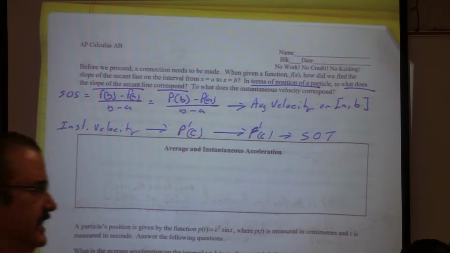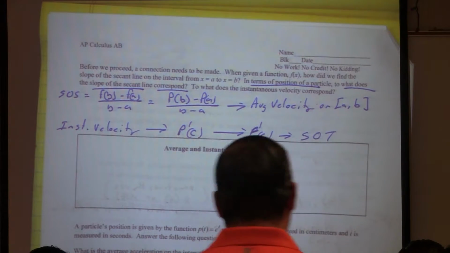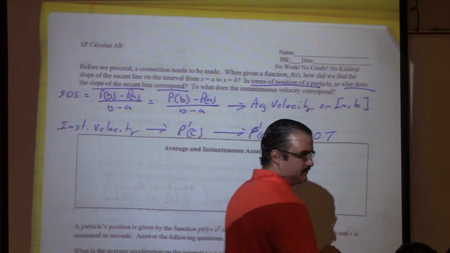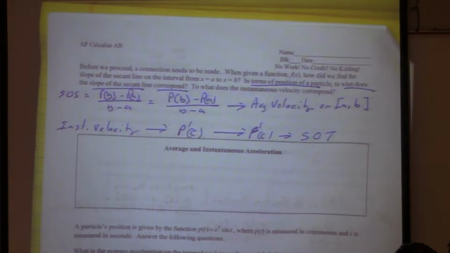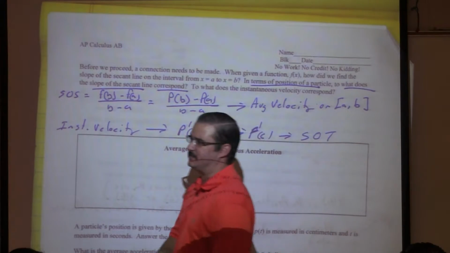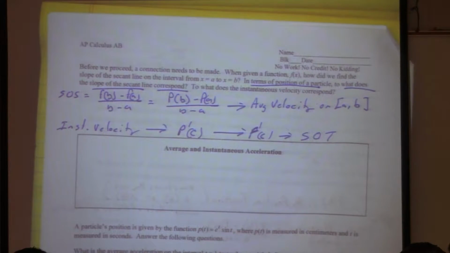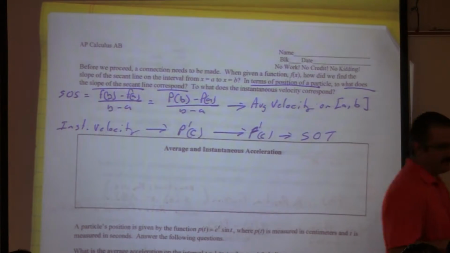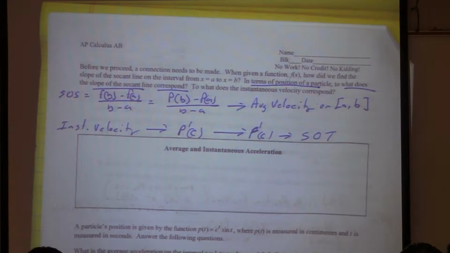If I draw tangent lines on the velocity graph, then I'm getting what? Acceleration values, right? Okay? So that means acceleration is the second derivative of what function? The position function, right?